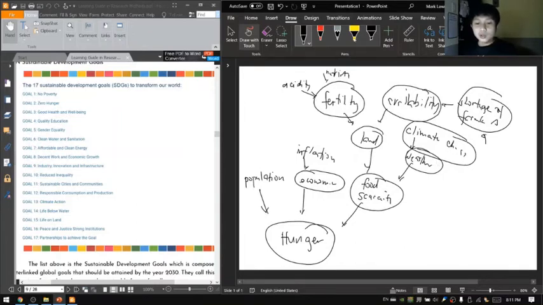So the things that you can address, or go research, are this one, this one. But not really. This needs to be broken down into components before you can find a problem. Maybe GHG, greenhouse gas emissions, or I don't know.